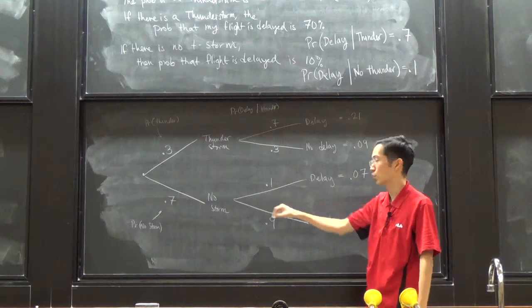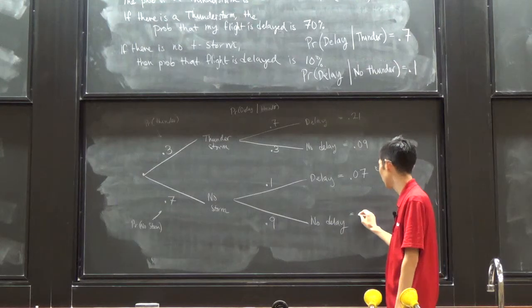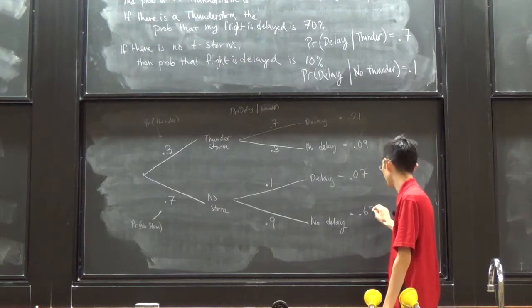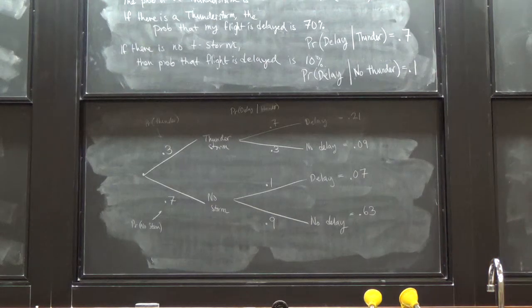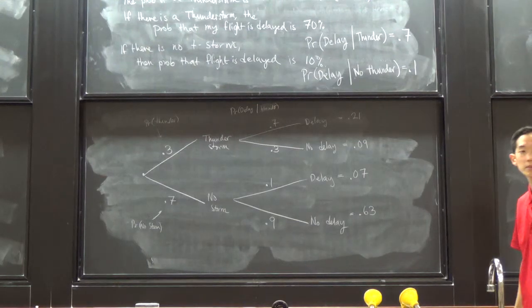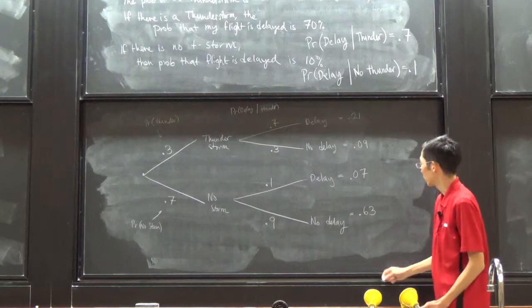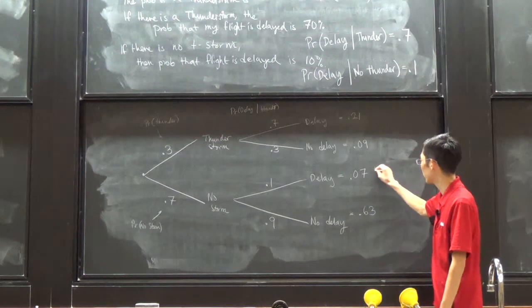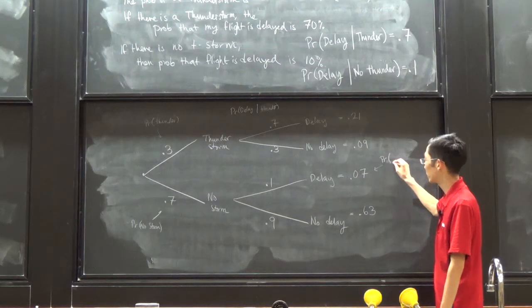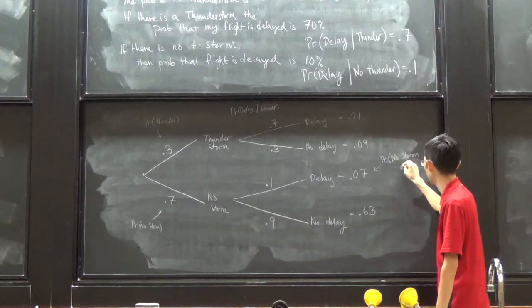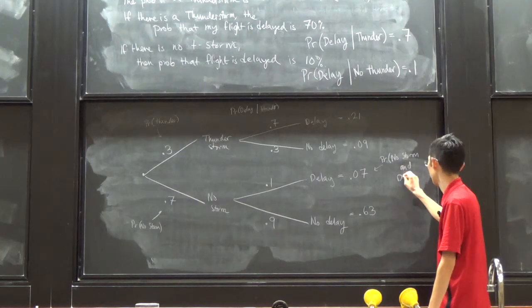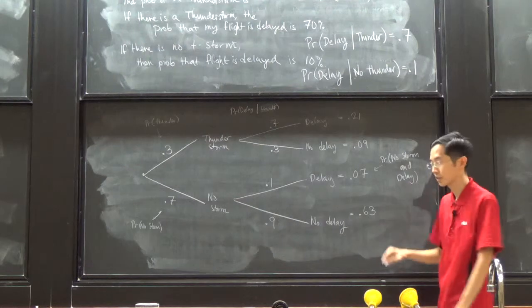And the probability of no storm and no delay gives me 0.63. Is that okay? So we can also label each of these as probability of no storm and delay, or however we need to.